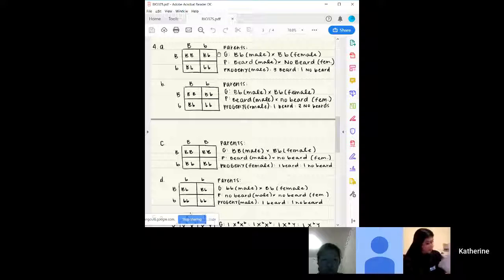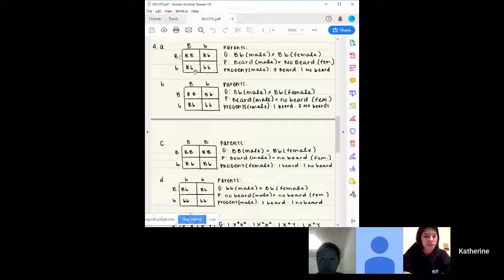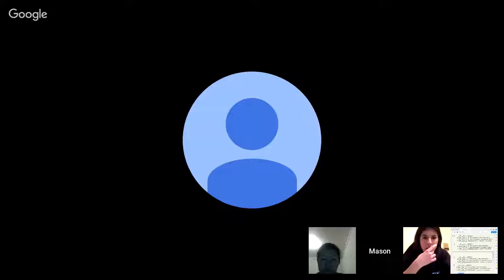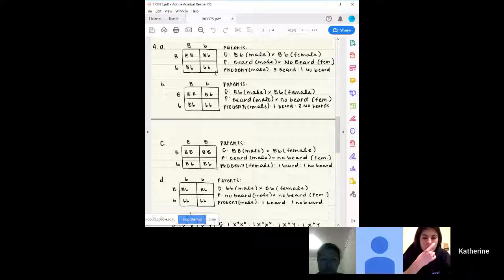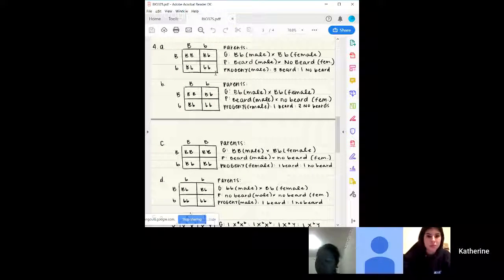So I just looked at it like that. And in this first cross, I knew that in a normal Punnett square, to get a 3-to-1 ratio, you have to have heterozygous. Yeah, because you want 1/4 to be recessive.